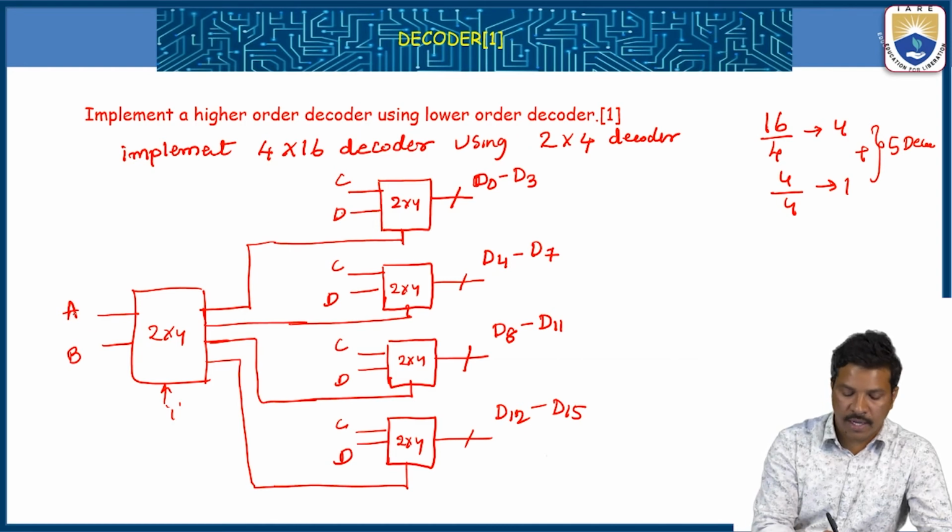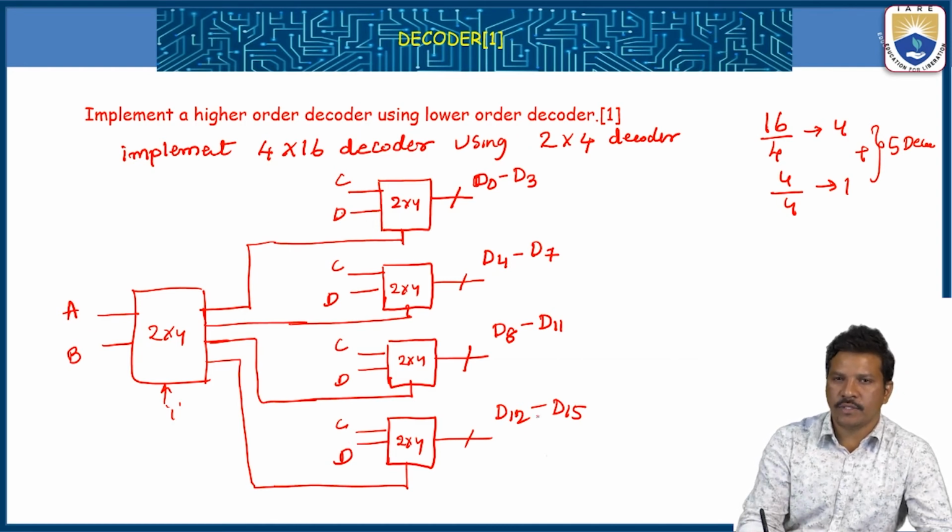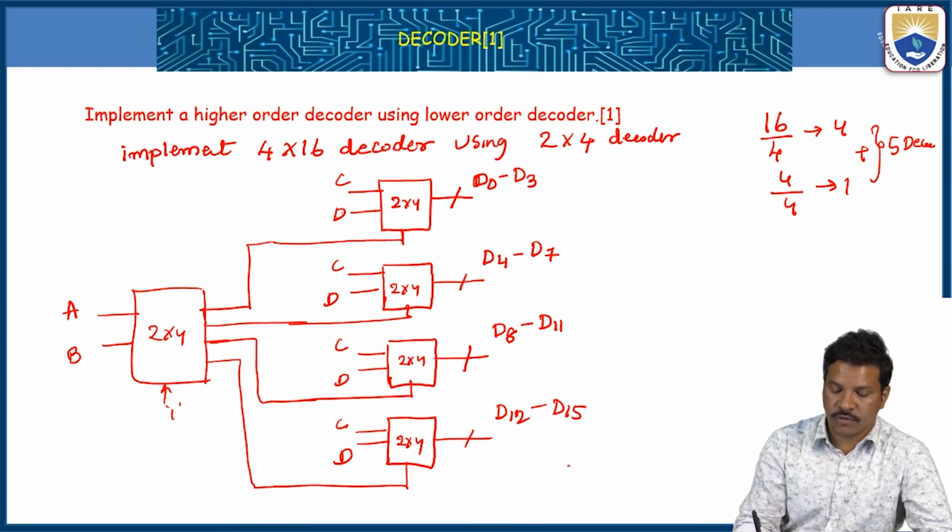So we will make A, B, C, D the inputs, and D0 to D15 the outputs. So a 4x16 decoder we can design.